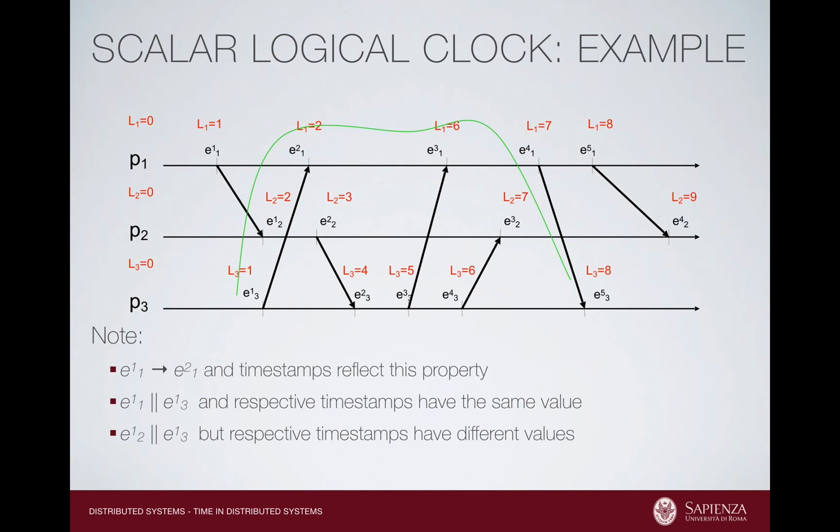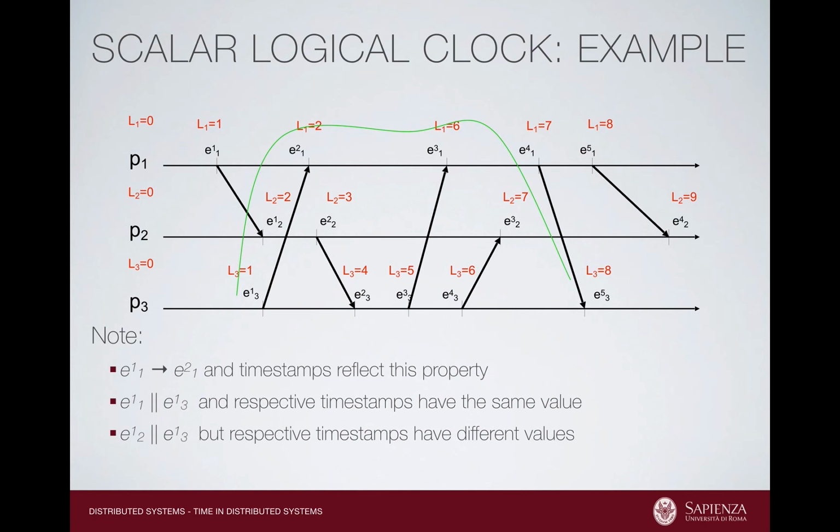You do not just take the timestamp of the message: you take your previous timestamp, which is 6, and do the maximum between 6 and 7, which is 7, and then you increase it by 1 and you get a timestamp of 8.